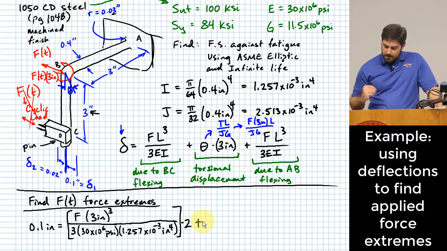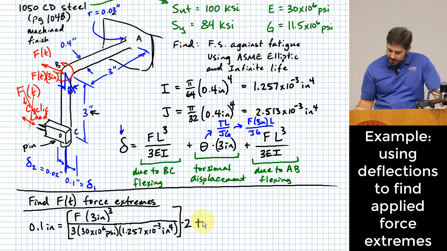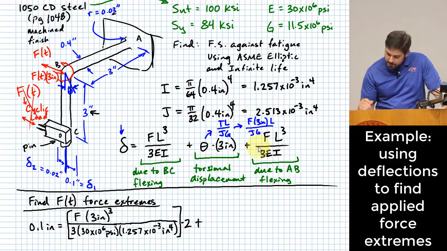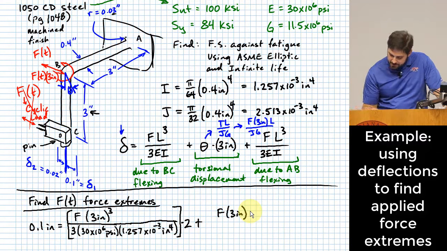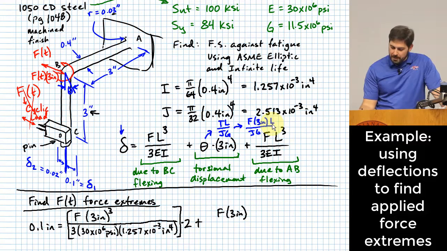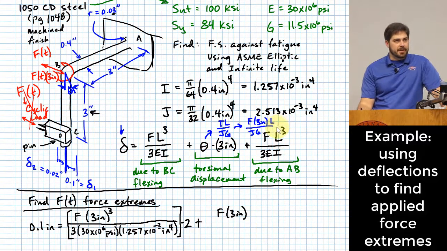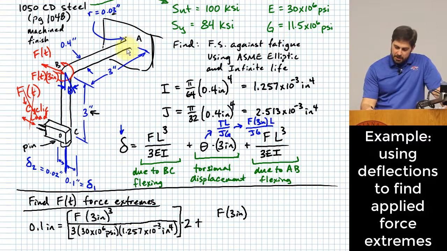And to this, I need to add theta times 3 inches. Theta is F times 3 inches times the L that we have in TL over JG. What L is that? It's the 3 inches that go from A to B.